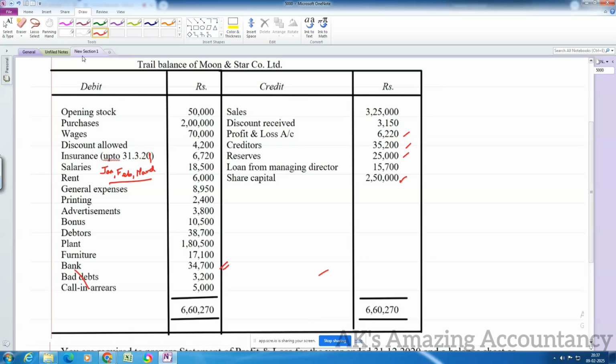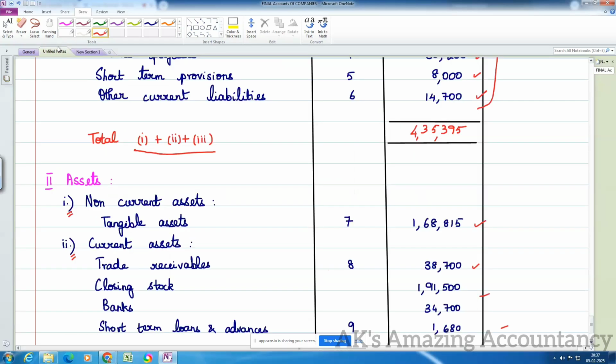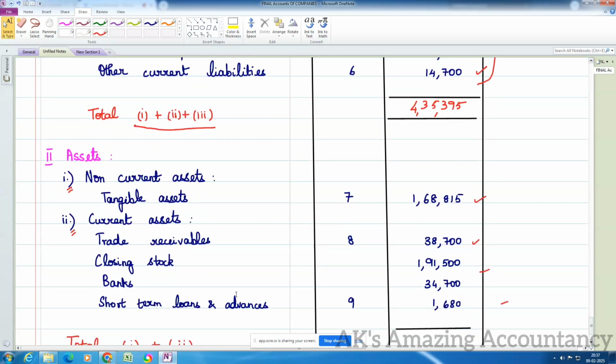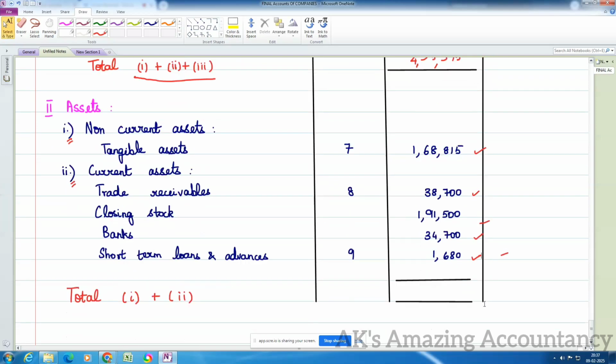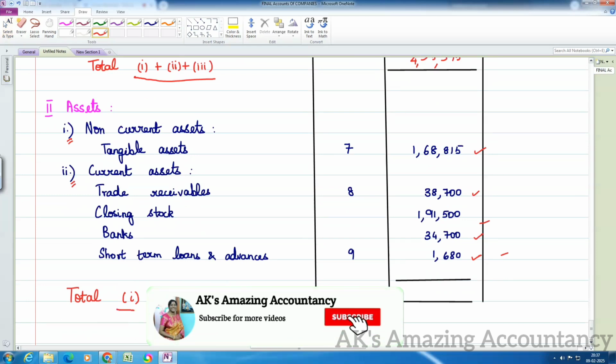So let us go back to the balance sheet. So bank is how much? 34,700. And then note 9, short-term loans and advances. You remember what this amount is? It is nothing but the prepaid insurance which we already calculated as per note 9, that is 1,680. So now we'll have to arrive at the total of assets, which is nothing but the total of 1 plus 2.